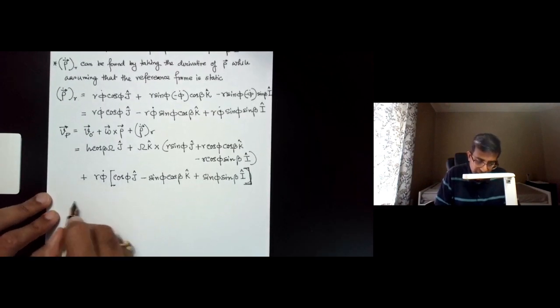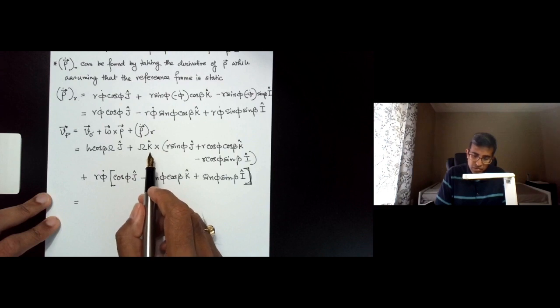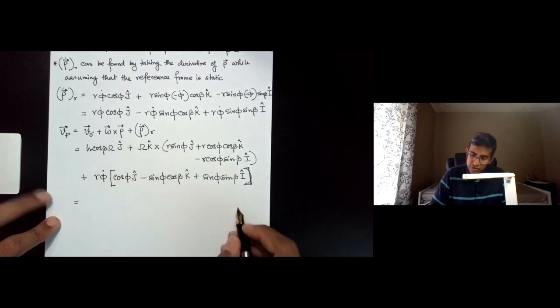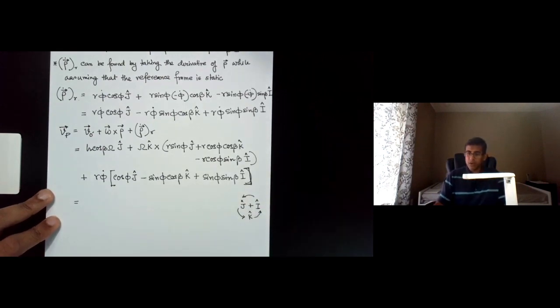So now it's a matter of algebra. We need to do this cross product. I prefer to do these cross products term by term. I will use k cross j. We have this unit vector triad, i, j and k, and this is the way the triad works: i cross j is k, j cross k is i, and k cross i is j.